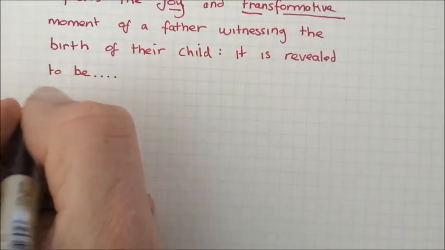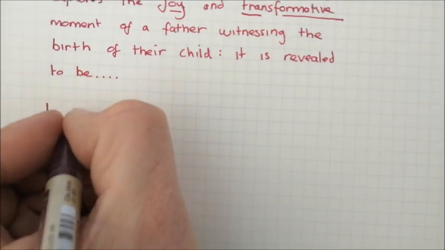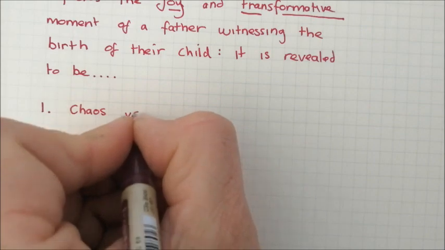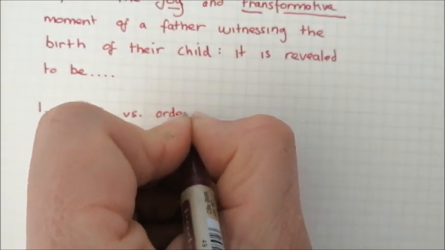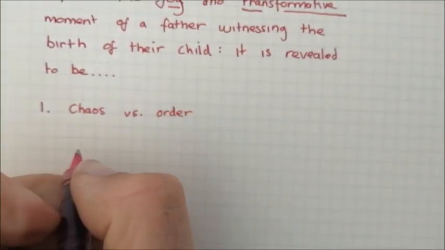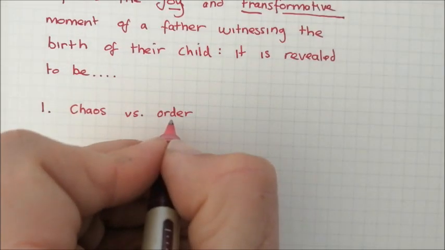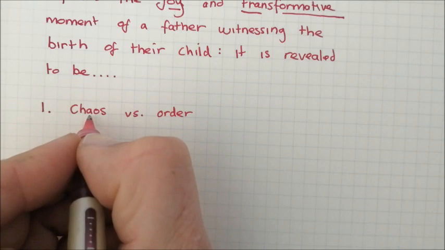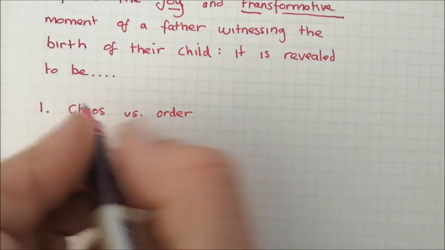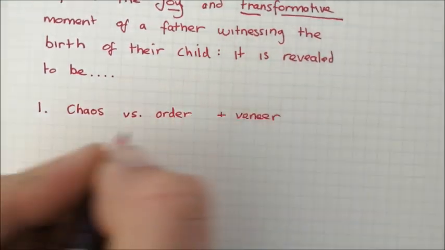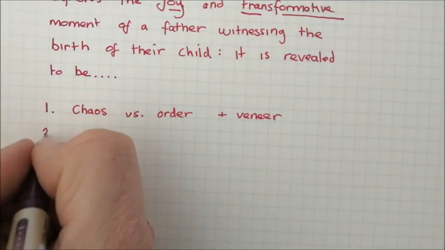So the first thing, tell me what it's revealed to be, and think about the idea of chaos versus order. What's changed in the life? Or what is it that's different about the act of birth? We might think it should be like this, but really it's like this, or vice versa. Think about adding the word veneer. Is there a veneer here or not?